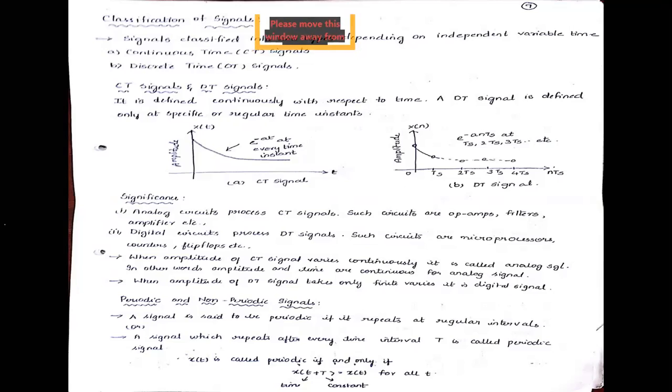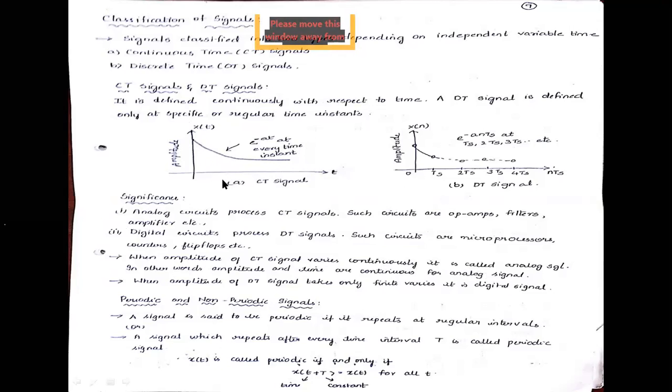Now see another one. When the amplitude of a continuous signal varies continuously, it is called an analog signal. See, continuously. These are the characteristics we have. The amplitude is continuous, like a graph decreasing from some value to a lower level.